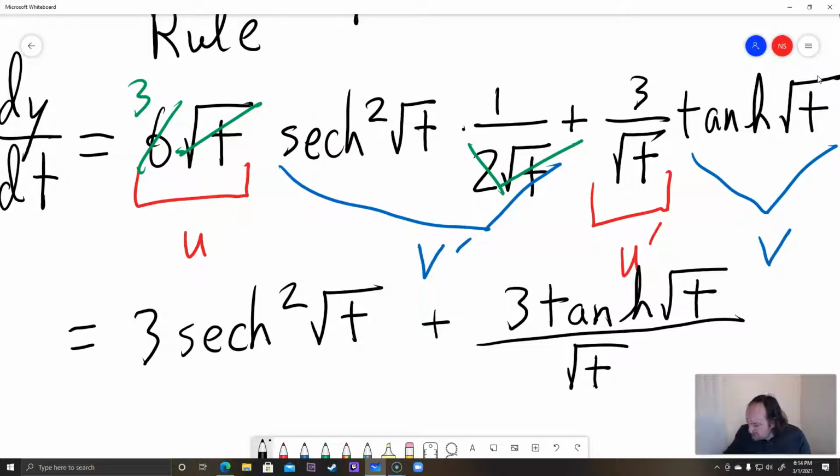Okay, so the only thing they really changed in their answer was they went ahead and multiplied the 3 times the tanh root t on the top, and then they wrote that all over root t on the bottom.